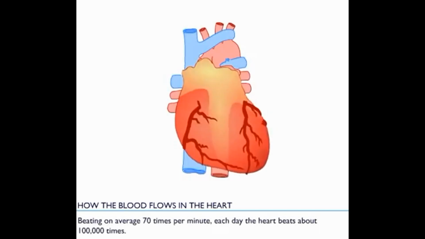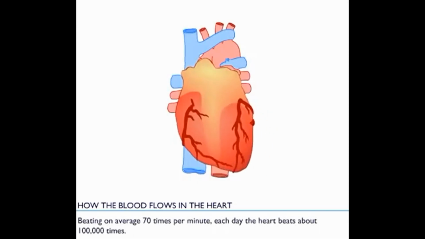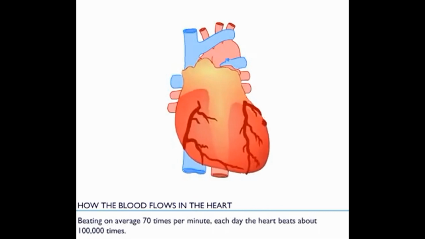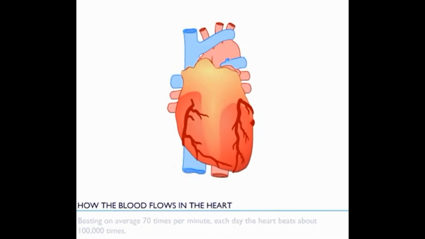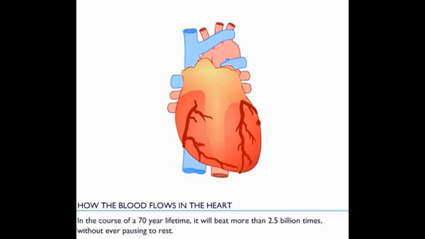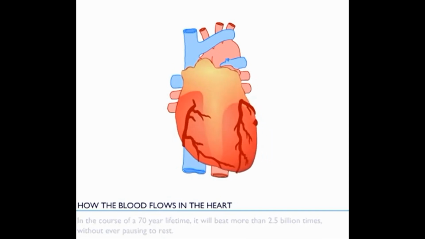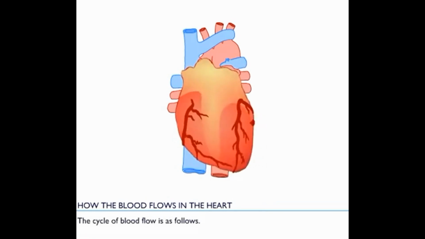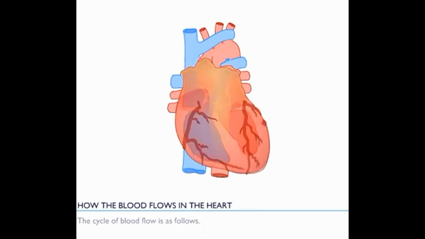How the blood flows in the heart. Beating on average 70 times per minute. Each day the heart beats about 100,000 times. In the course of a 70-year lifetime, it will beat more than 2.5 billion times without ever pausing to rest. The cycle of blood flow is as follows.